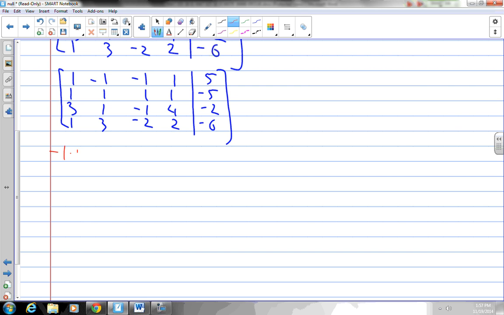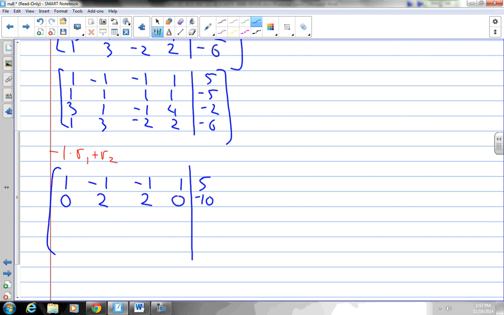So it's negative 1 times row 1 plus row 2. So the first row stays unchanged. Then we'll get 0. And then negative 1 times negative 1 is 1, plus 1, 2, and then another 2, and then a 0, and then negative 10.